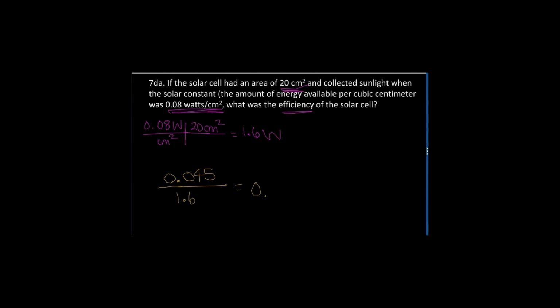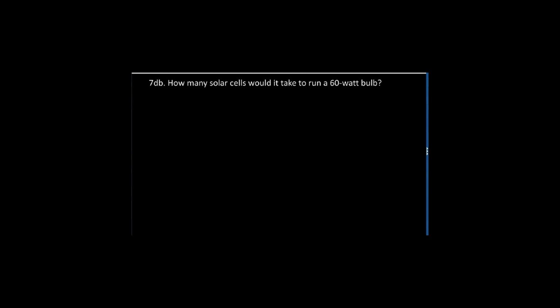And so I'm going to get 0.02, and we'll multiply that by 100, and it's going to be 2.8%. And that's a pretty small efficiency, but again, we're talking about capturing light from the sun, so it's going to be very difficult to be very efficient capturing light from the sun.